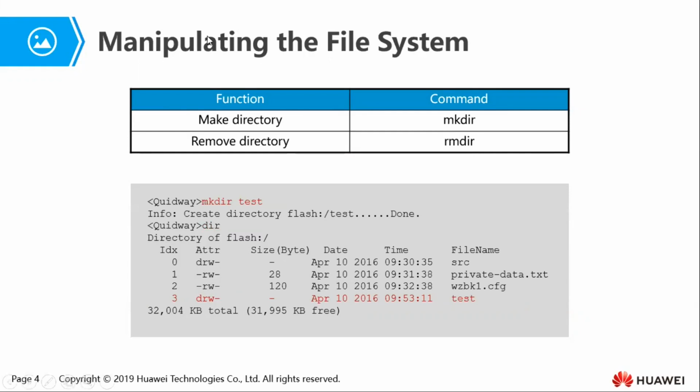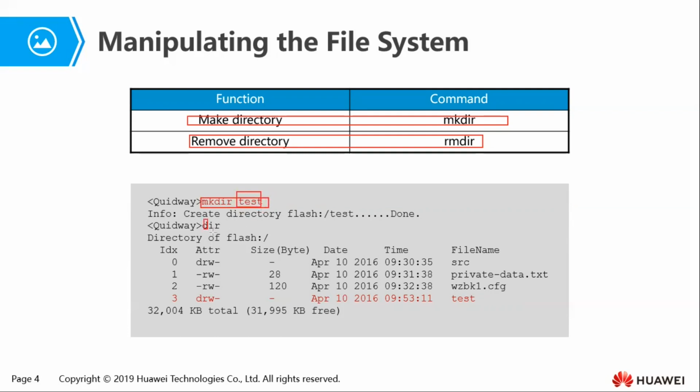So let's look at the manipulation of the file system. You use the command make directory, mkdir, to create a folder or directory, and rmdir to delete it. In this example, again in user view, we run the command mkdir, then the name of the directory that we want to create.